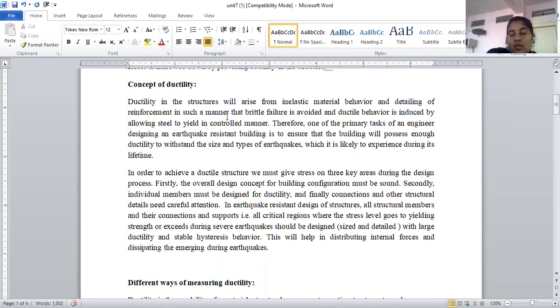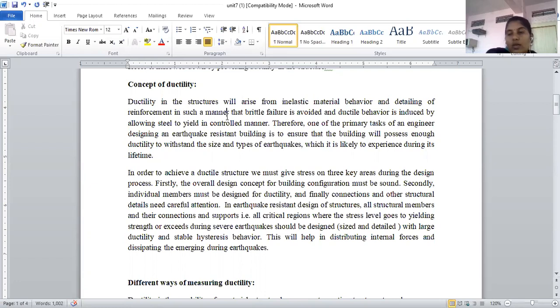If we use ductile material, then whatever dynamic loads come on the structure, our material behaves as ductile, and that ductile behavior will resist the dynamic loads for a longer time.